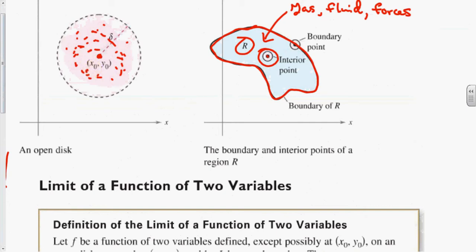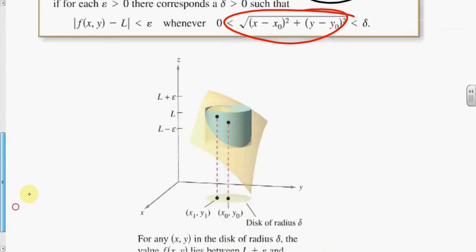If I keep on shrinking delta, if I look at this neighborhood, that neighborhood, this neighborhood, keep on until I get just the smallest neighborhood, does that also imply that as I shrink the values of the neighborhood about x naught, y naught, there is shrinkage here as well? That's the key. And so as I get closer and closer to x naught, y naught, how do I get close? I keep shrinking delta.